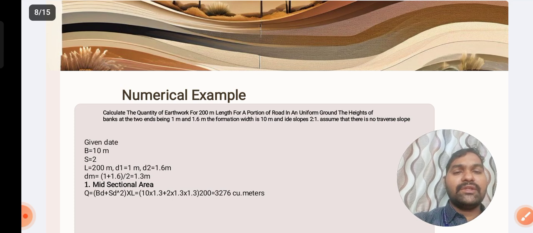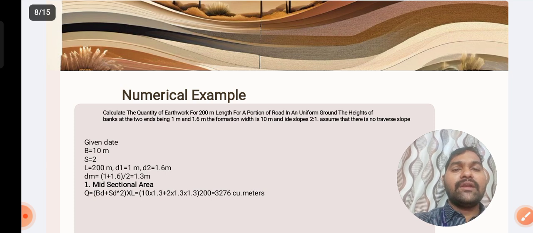The first problem: calculate the quantity of earthwork for 200 meters length. That means capital L is 200 meters for a portion of a road in uniform ground, and the heights of the banks at the two ends are 1 meter and 1.6 meter.